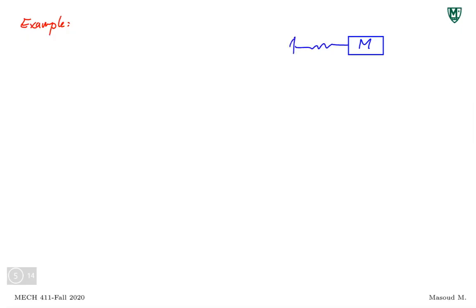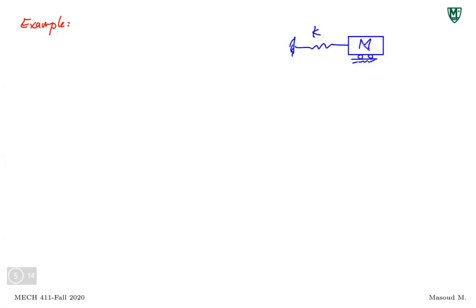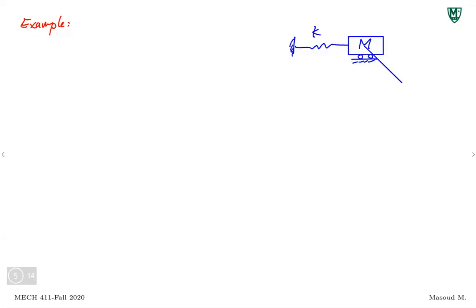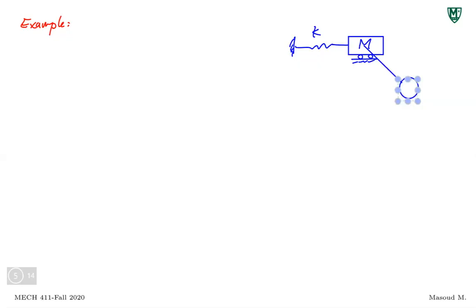Is connected to some support, stiffness K. It's moving back and forth, and some pendulum is attached to it. There you go.